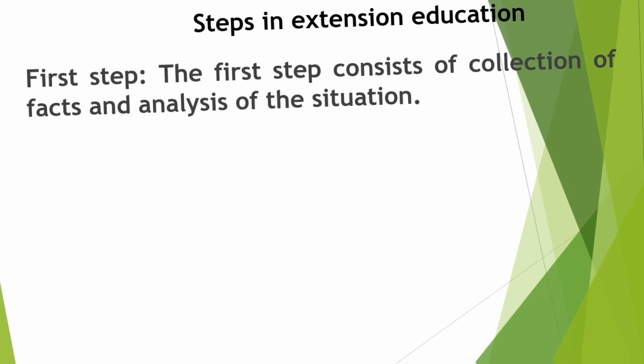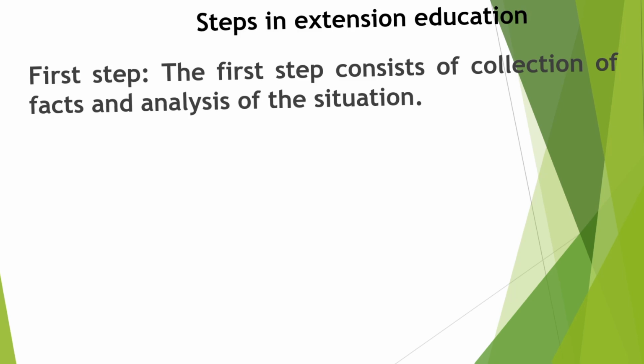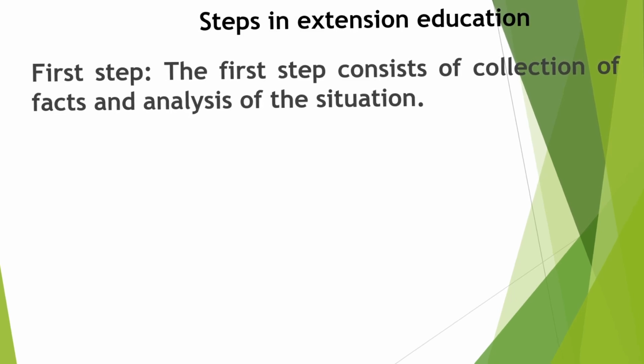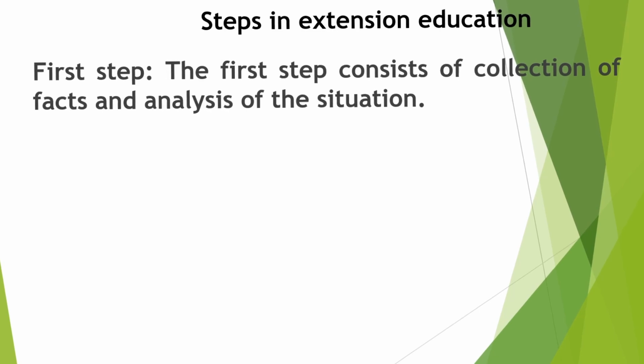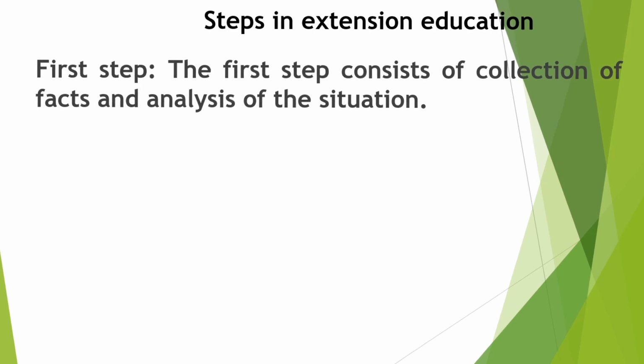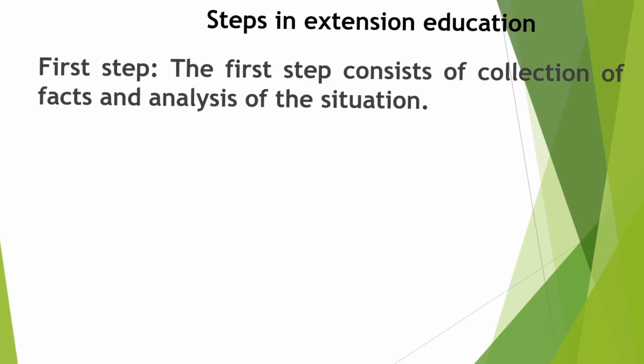Now, these may be obtained by appropriate survey. You may go on field observation. You may use questionnaires to collect your facts. Possibly, you can also decide to use focus group discussion to get your facts.